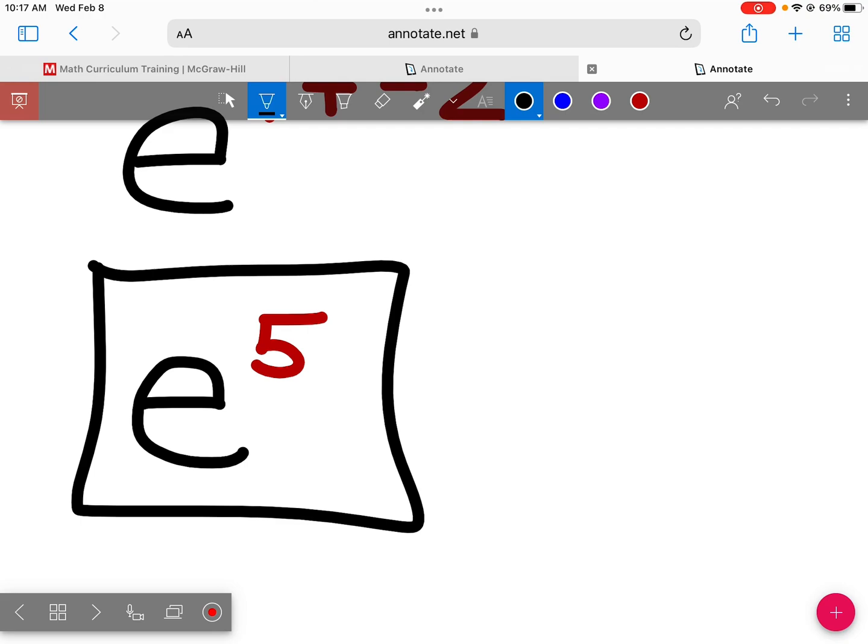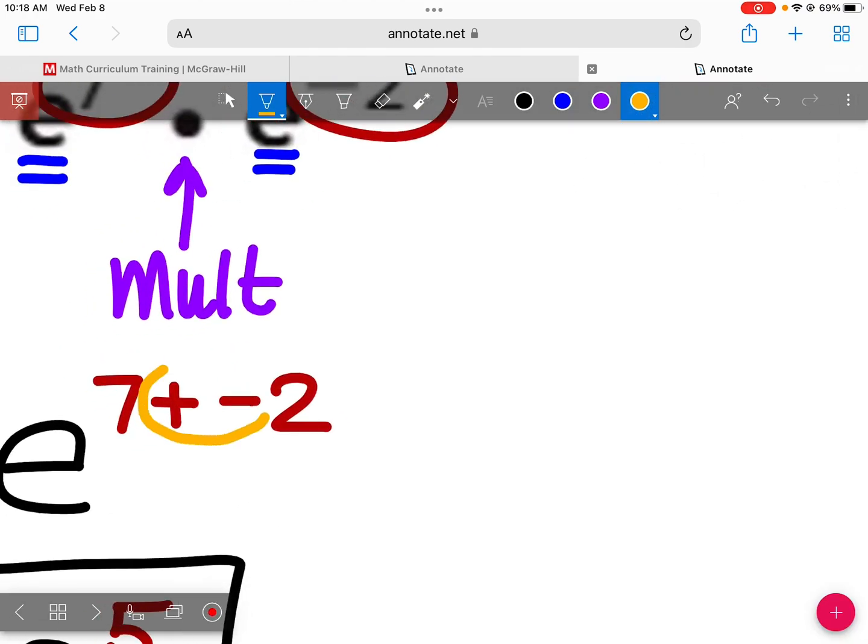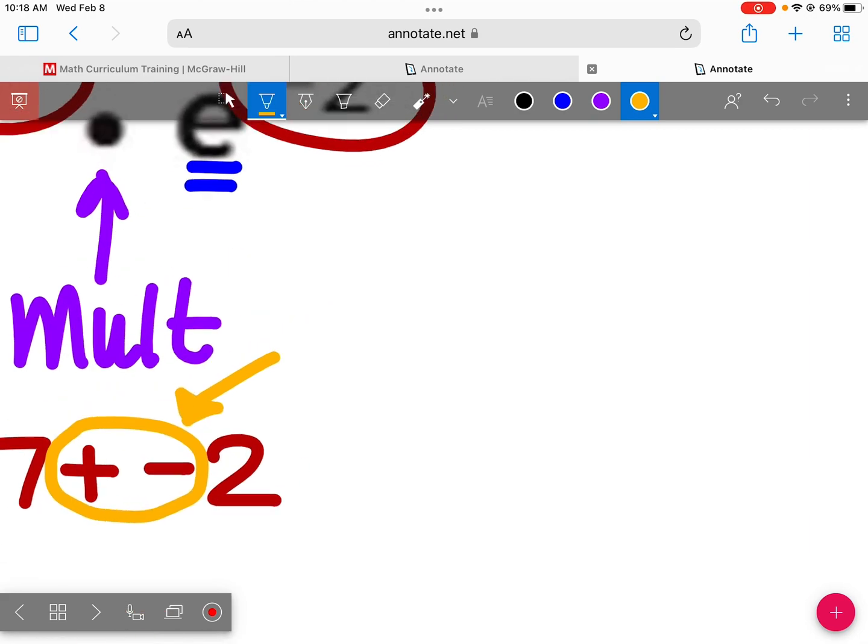Head up for me, Jefferson. Stay with me. Do we have to put plus and negative two, or do we just put negative? Could you do 7 minus 2, like 7 plus negative 2? Yeah, I'm glad you pointed that out. Adding a negative is exactly the same as subtracting.